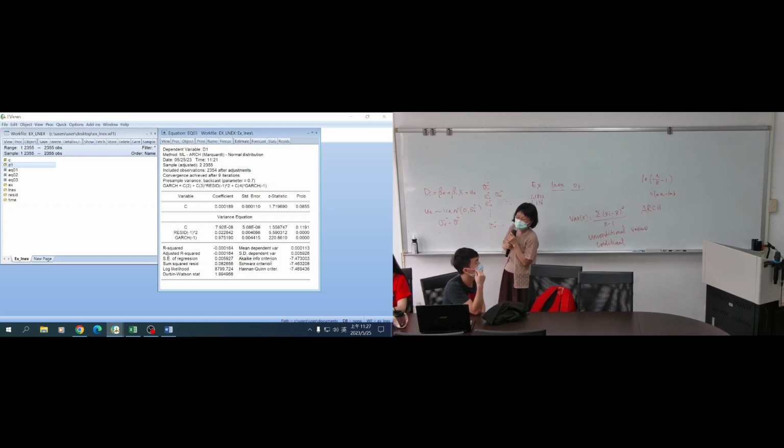Especially that they really consider the volatility of the variance in order to estimate correctly for the mean equation. Okay? If you use OLS, they didn't consider these parts. But if you use ARCH and GARCH, you consider these parts as well as these parts.